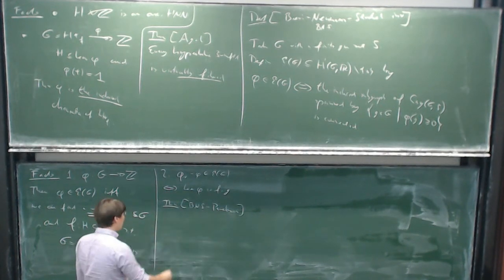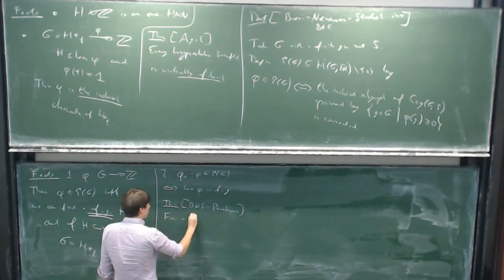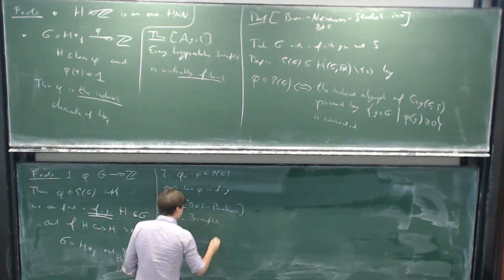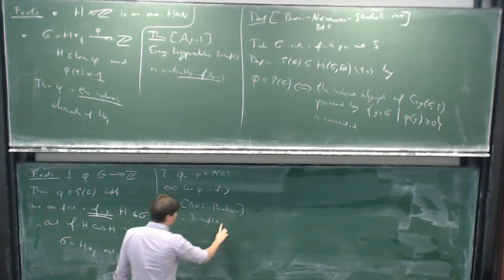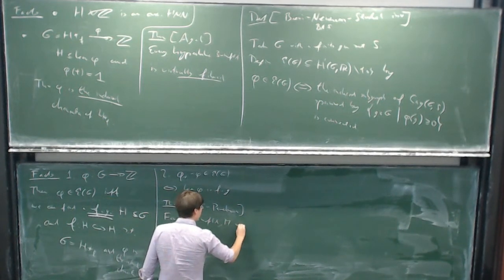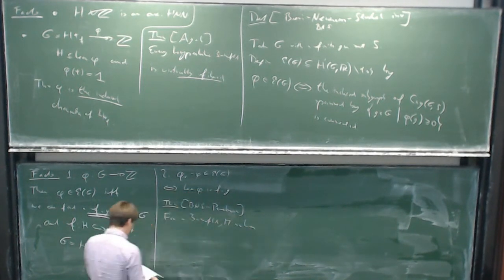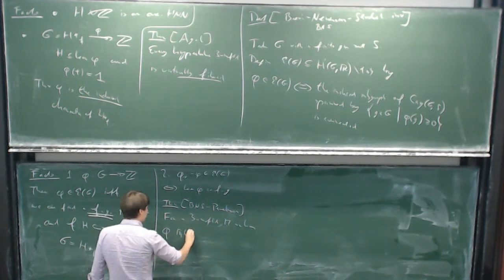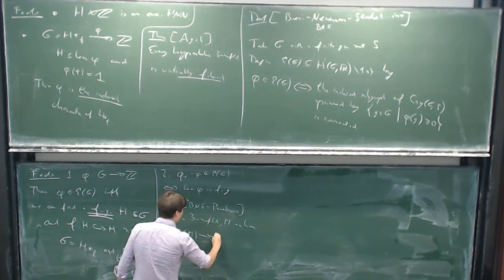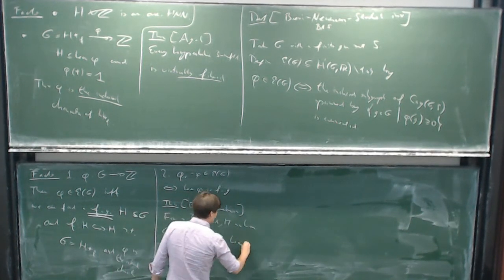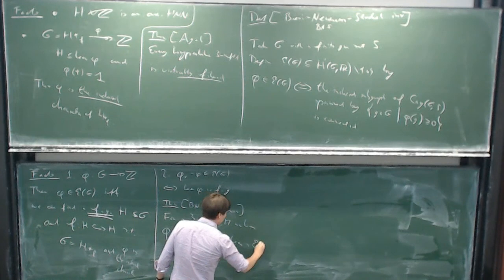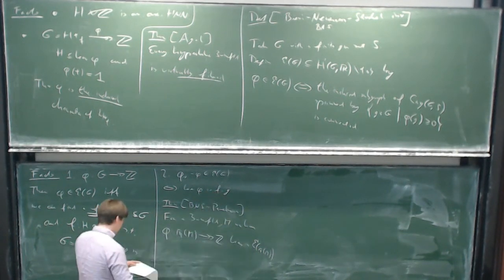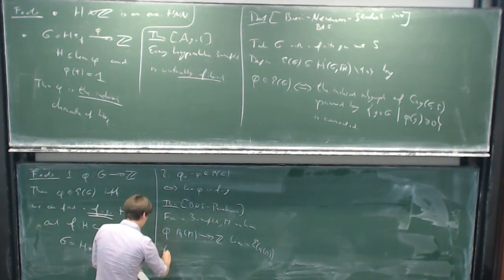And now we know that for a 3 manifold M, we have, okay, phi, a character from the fundamental group of the 3 manifold onto Z, lies in sigma of pi 1 of M if and only if M is fibered.